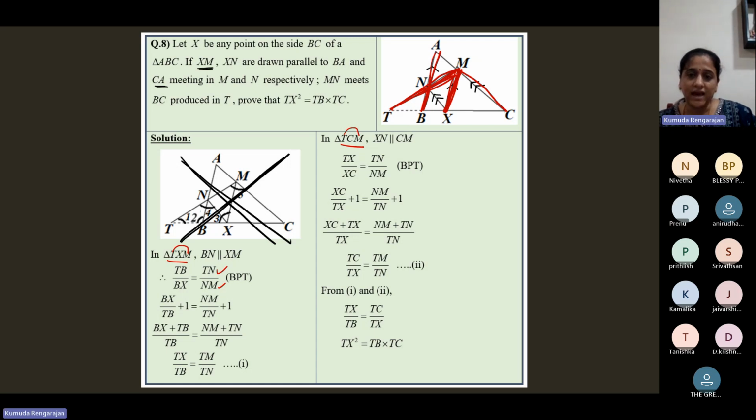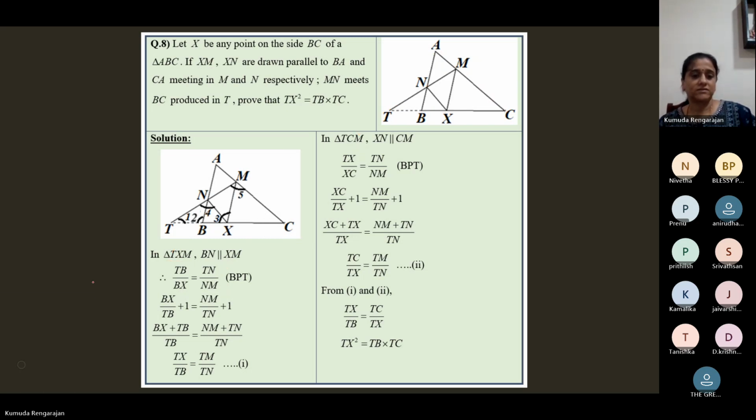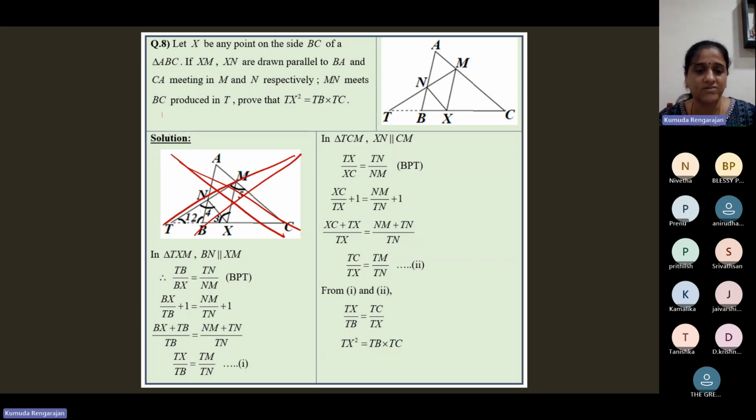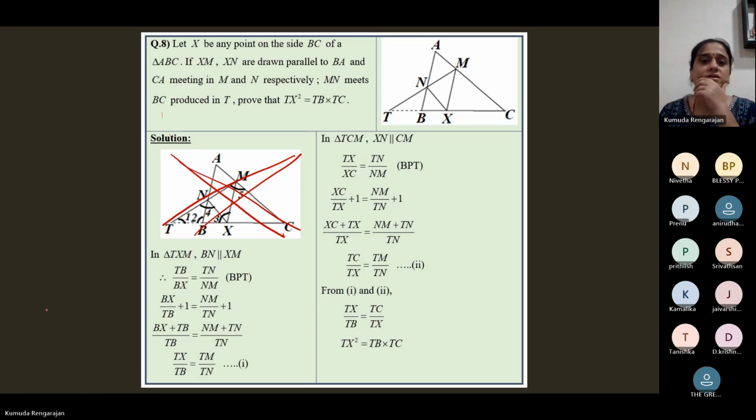The other one is TMC, where this is parallel to this. I told you this figure is for similarity; by mistake, I've put it here. Please identify two triangles with the given set of parallel lines, and the two triangles must have a common side.